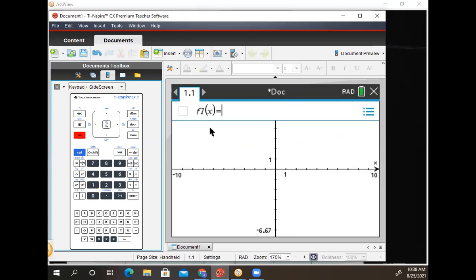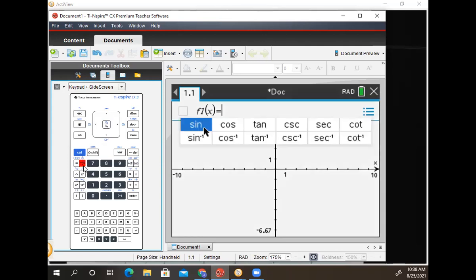Just in case you don't remember where it lives, let me grab one of my calculators. There is a button that has all those trig functions. It's right under the blue control button right here. It says trig on it. So I'm going to hit that button and it brings up that menu for me. We want sine, so I'm going to select sine.